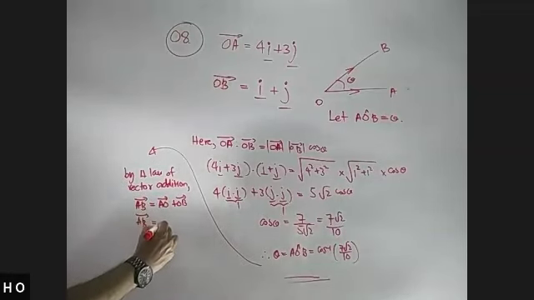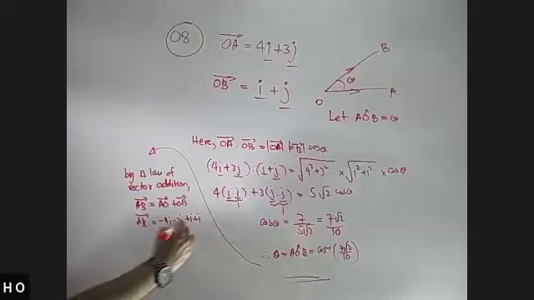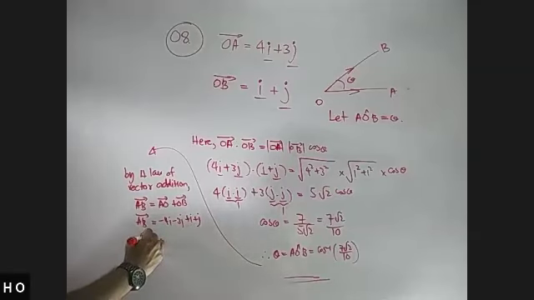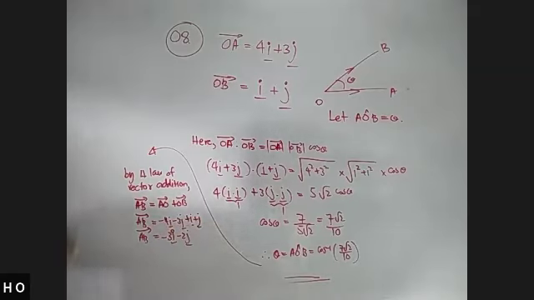AO is minus 4i minus 3j, plus i plus j. AB is minus 4i plus i, minus 3i, and minus 3j plus j, minus 2j. So minus 3i minus 2j.